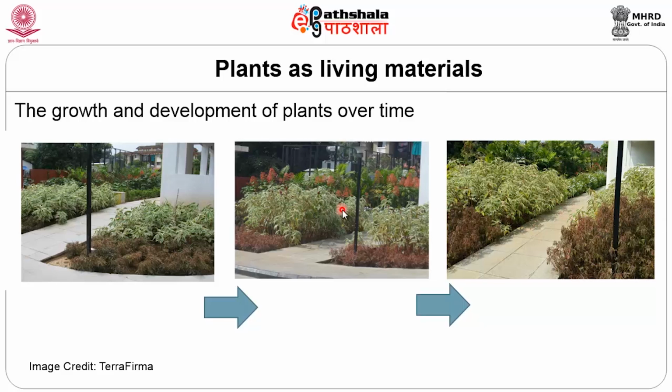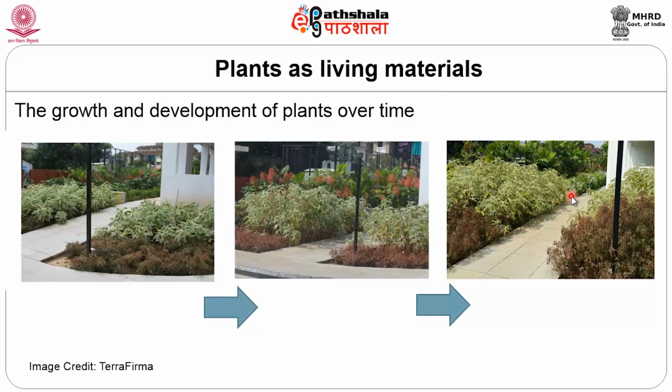If you look at this succession from this slide to this slide, we can really understand how plants have changed over time, and it has nearly given a completed imagery.